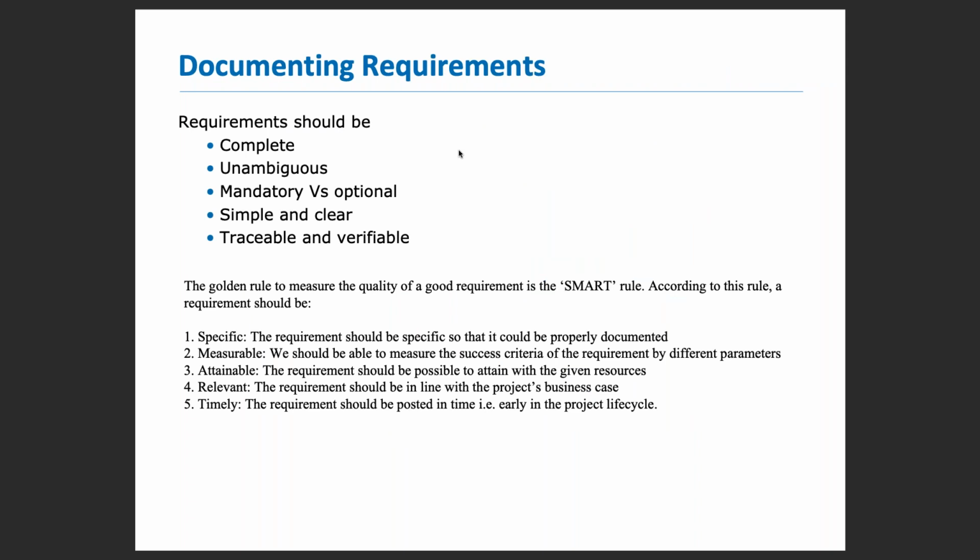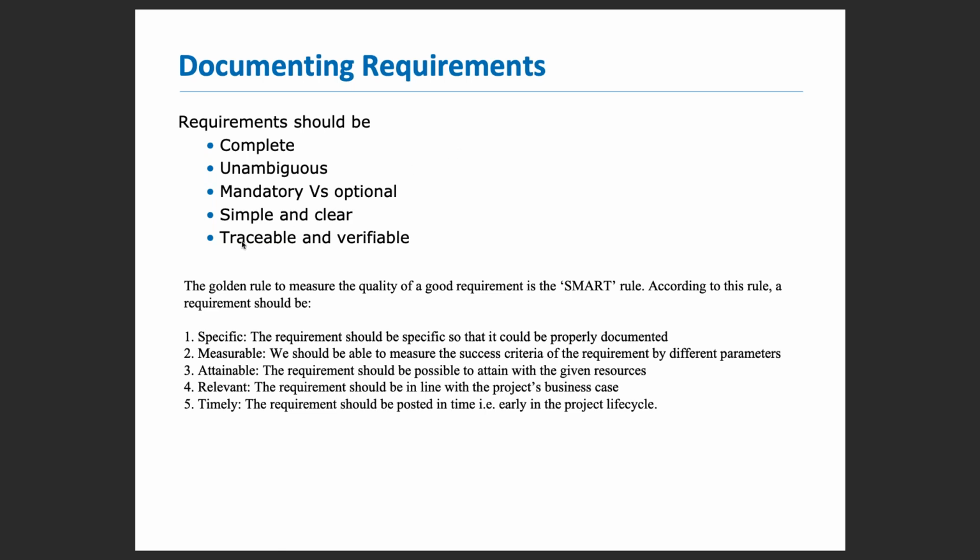So as I was talking about the qualities of a good requirement, right? It should be complete, it should be unambiguous, and mandatory versus optional should be very well mentioned, whether a requirement is mandatory or optional. Right? Simple and clear, traceable and verifiable.